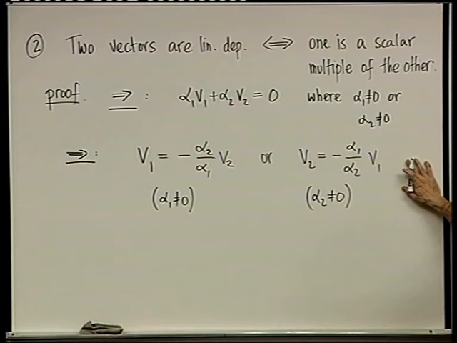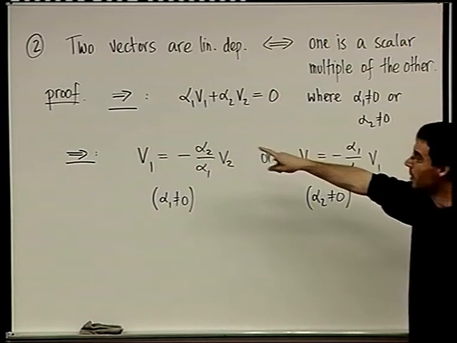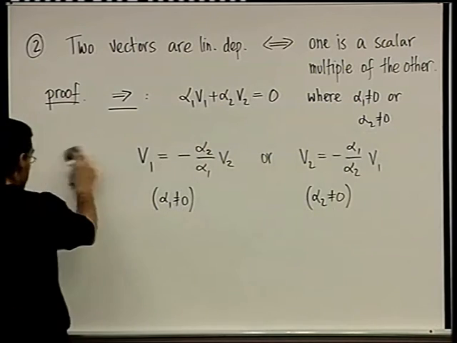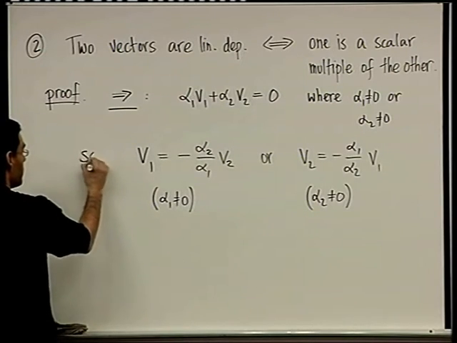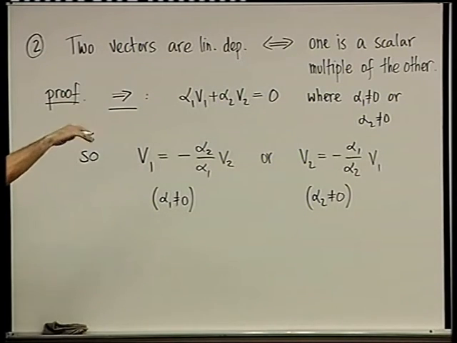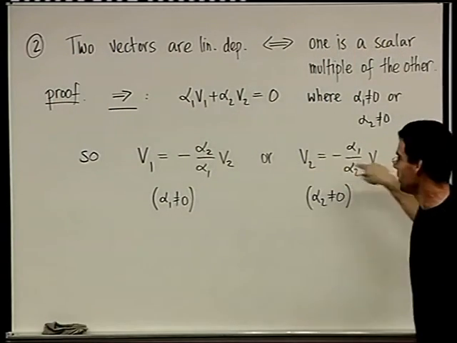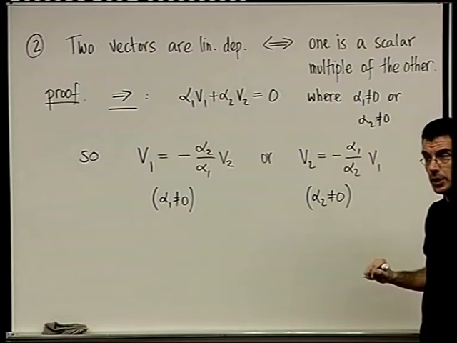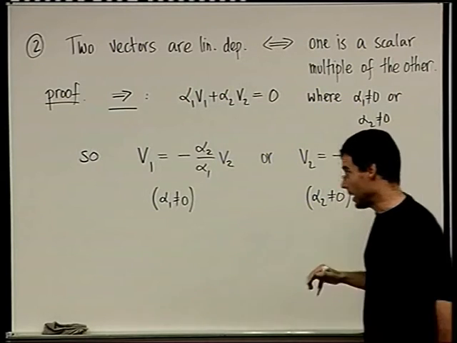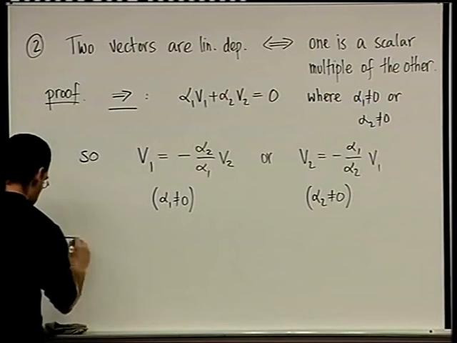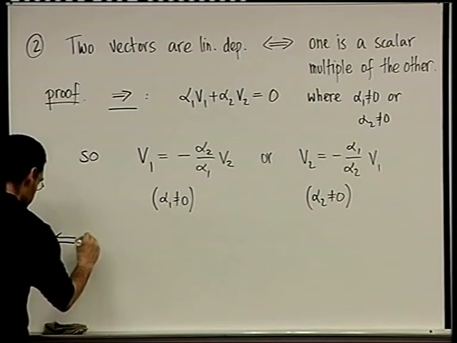Good? So this proves one direction. So this is the proof of this direction. If they're linearly dependent, then one is a scalar multiple of the other. Good? The other direction, now I'm proving this direction.